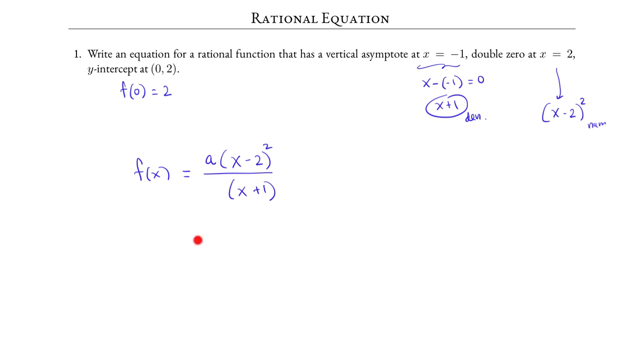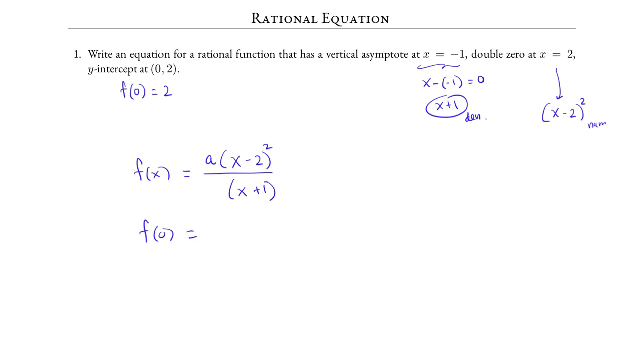By looking at this expression, we see that x equals -1 is a vertical asymptote, x equals 2 is a double zero, and then when we plug in 0 into this function, we need to get 2.